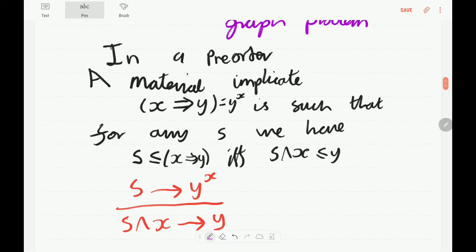So we usually denote that as X implies Y, and it's such that for any S, we have that S is less than or equal to X implies Y if and only if X times S is less than or equal to Y.